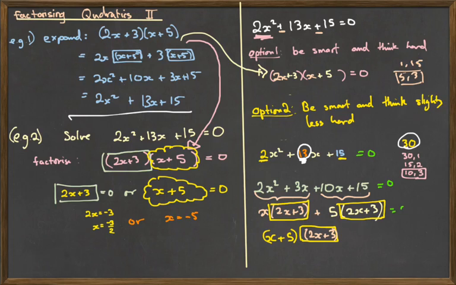I can put the zeros in because the question was solve, and then we would just continue in the same way that we did on example 2 over here. It's a bear trap. So that's how to factorise it using this method.